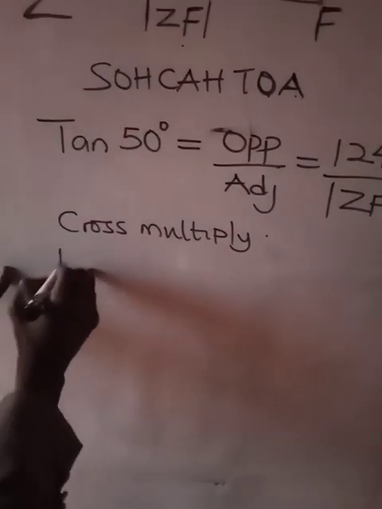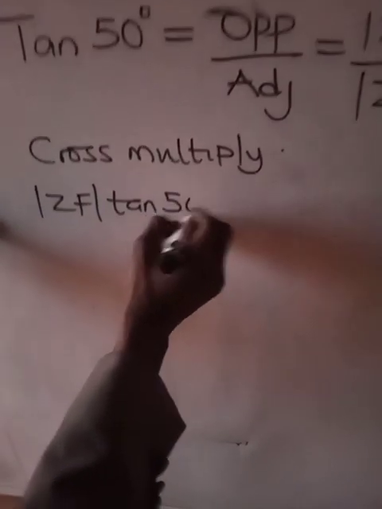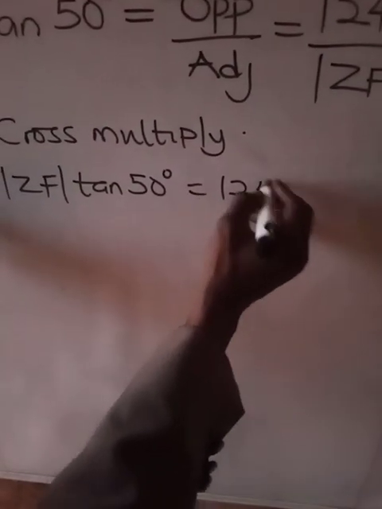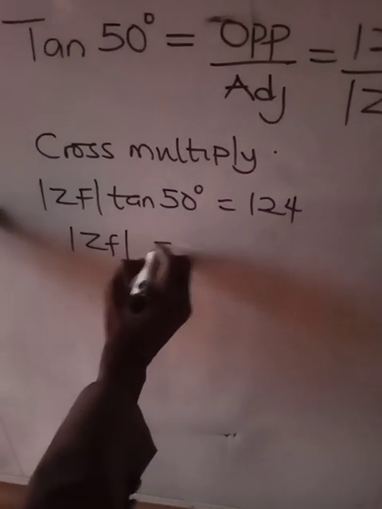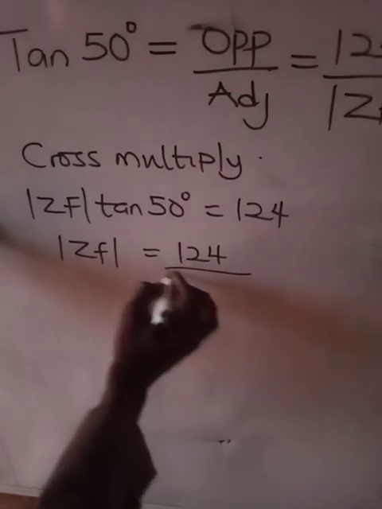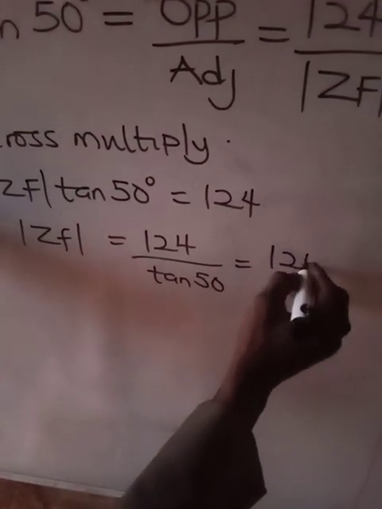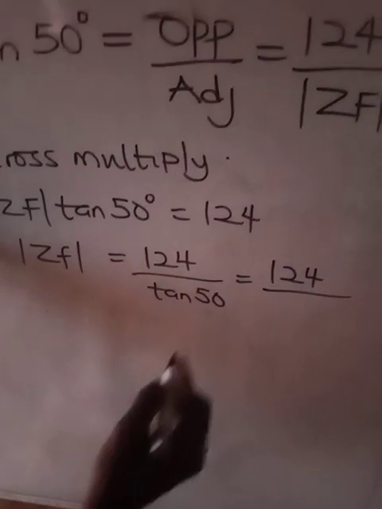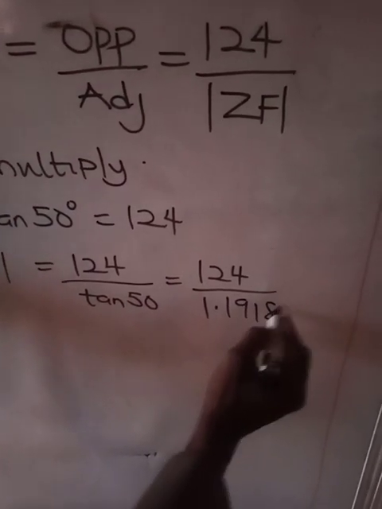So ZF tan 50 will be 124. The distance ZF will now be 124 all over tan 50. If you press your calculator, tan 50 is 1.1918.